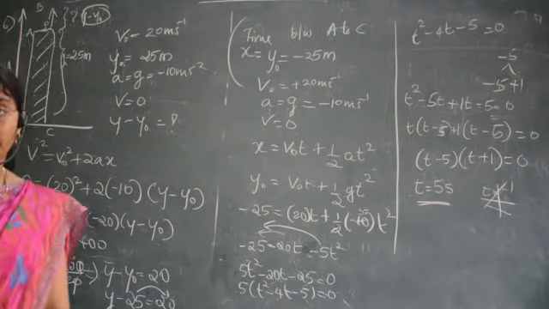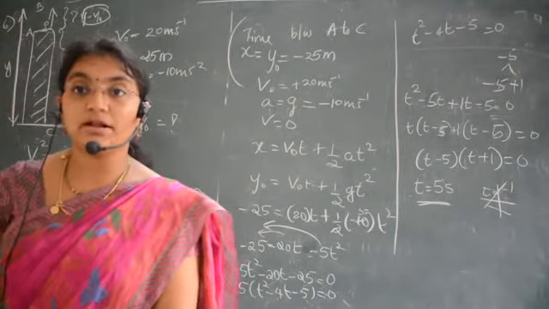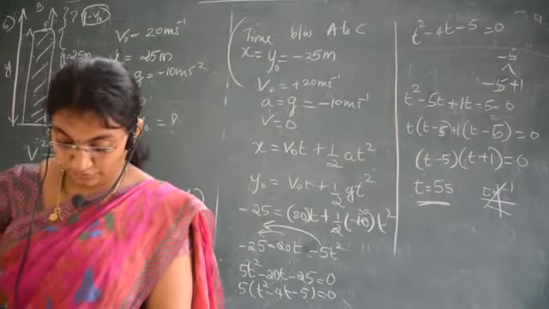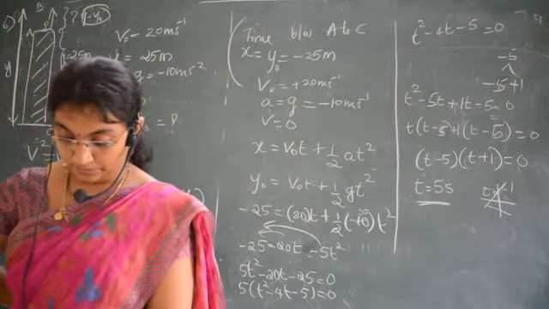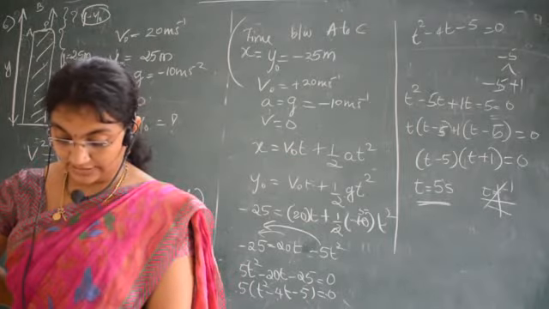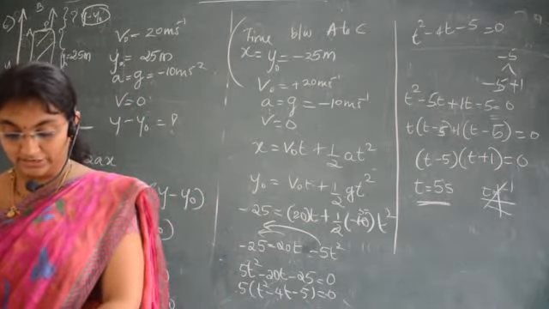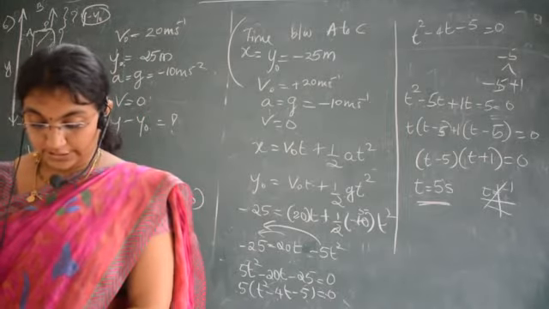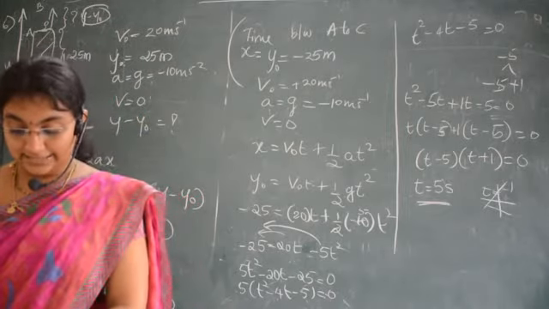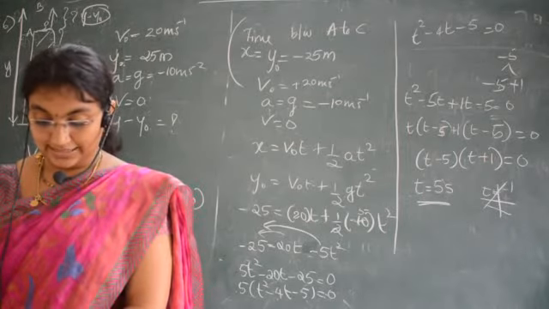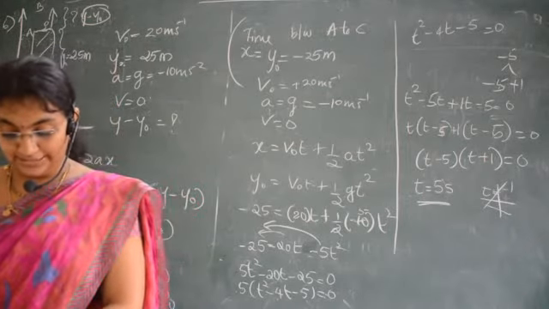Question number 8, that is a velocity time graph, correct? So this velocity time graph for a moving particle is shown below. Calculate the average acceleration at different intervals: 0 seconds to 10 seconds, 10 seconds to 18 seconds, 18 seconds to 20 seconds.